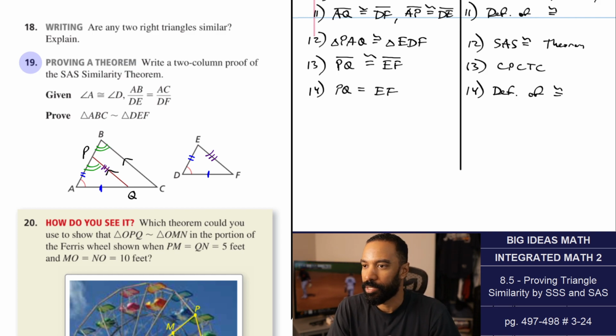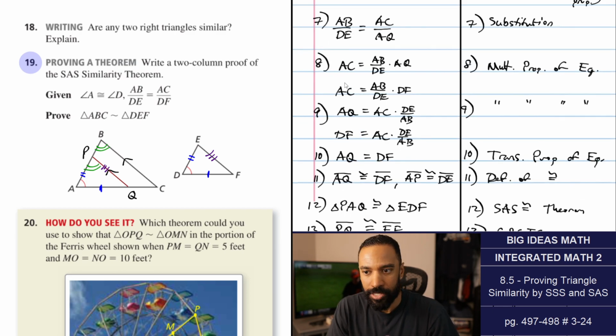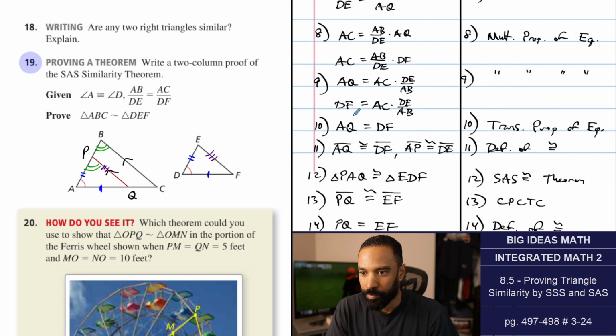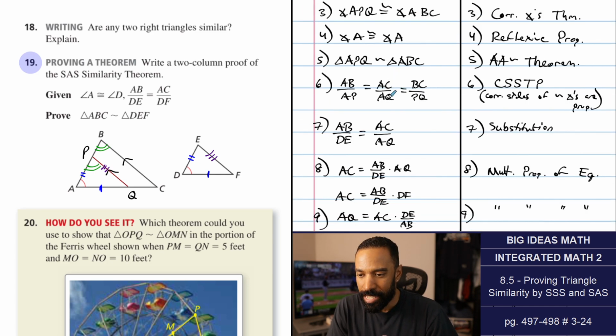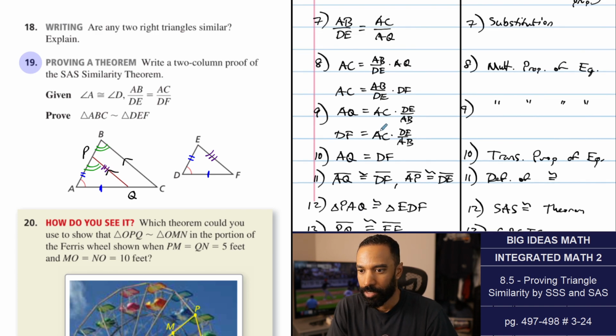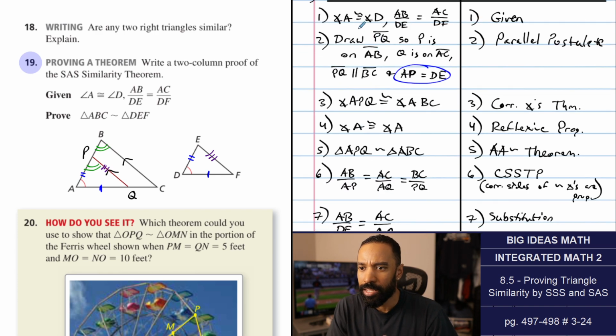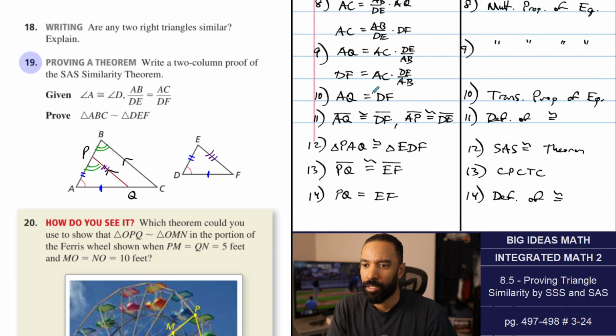So if you imagine here, we can substitute because PQ is EF, because AQ is DF, and because AP is DE. Let's have DE, DF, and EF substitute for AP, AQ, and PQ.